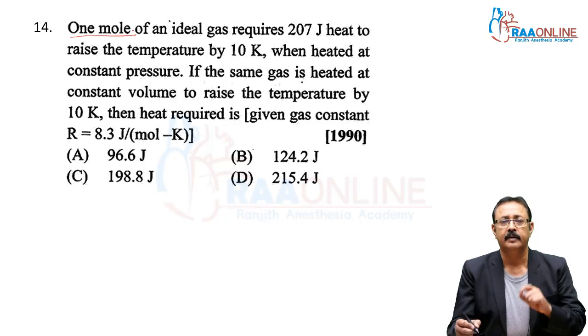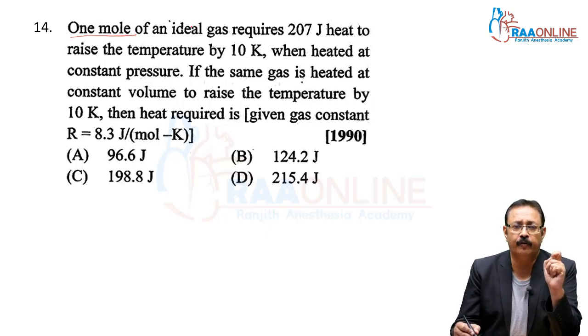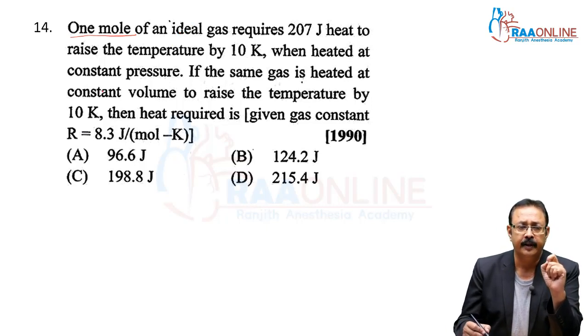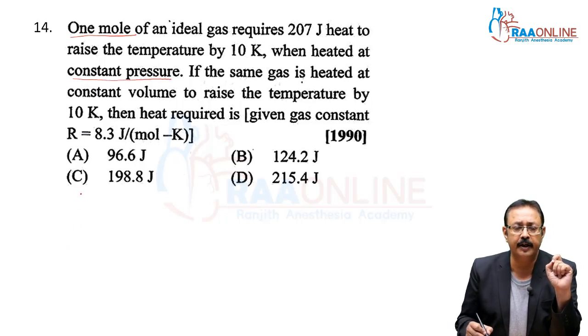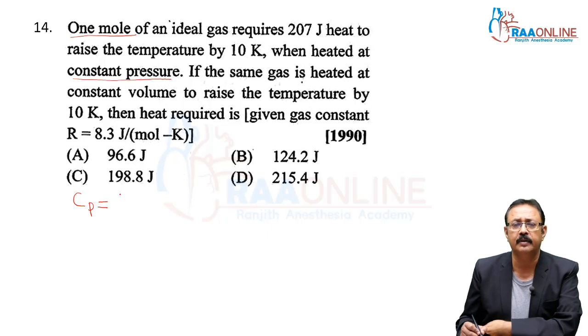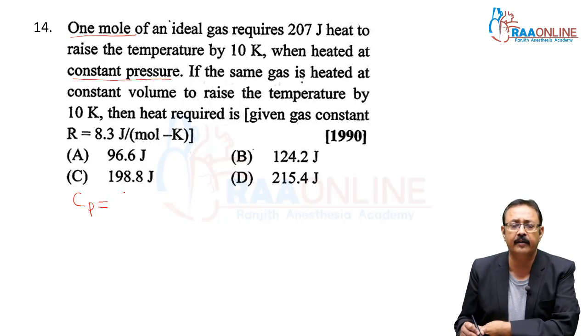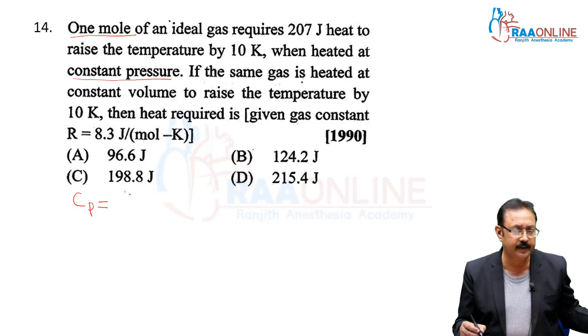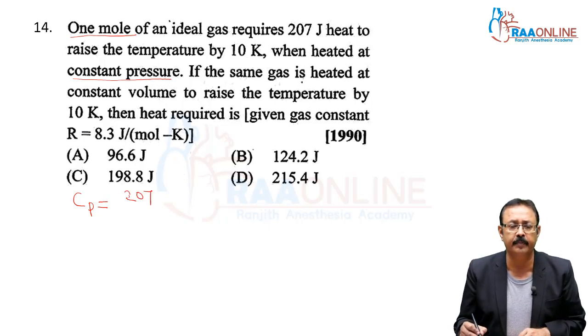We know that to increase the temperature of 1 mole by 1 unit, it is molar specific heat. If we are doing this work at constant pressure, it should be Cp. So what is the value of Cp? For 10 Kelvin you require 207 joules. So to raise the temperature by 1 Kelvin you require 207 divided by 10.